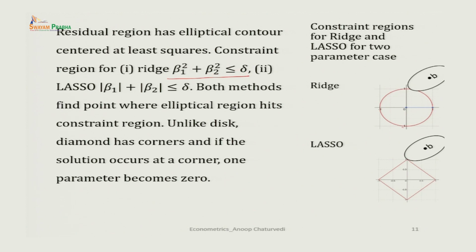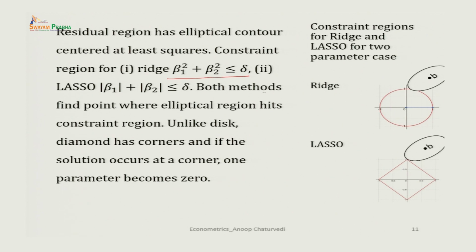So, it is just like this circle. In lasso, the penalty term, or the restriction, is mod beta 1 plus mod beta 2 less than or equal to delta. So, it is somewhat like a diamond.